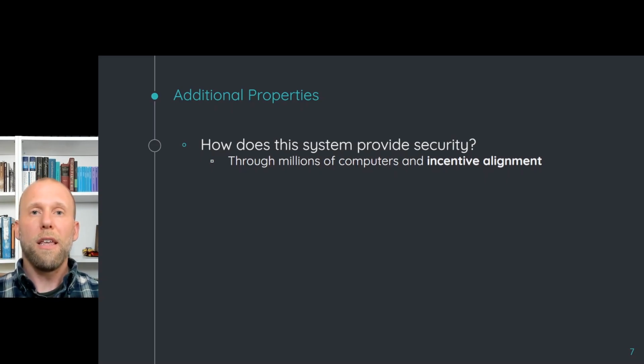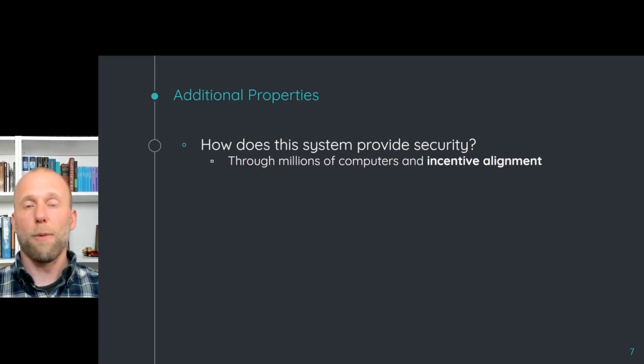So again, if you're going to invest all of this money to have a Bitcoin mining machine and spend all this money on energy to try and mine Bitcoin, you're not going to waste all of that money by being a bad actor. So the fact that it takes so much upfront capital to be involved in securing the Bitcoin network secures the fact that the actors are going to be behaving in the interest of the network, because otherwise they won't get paid.